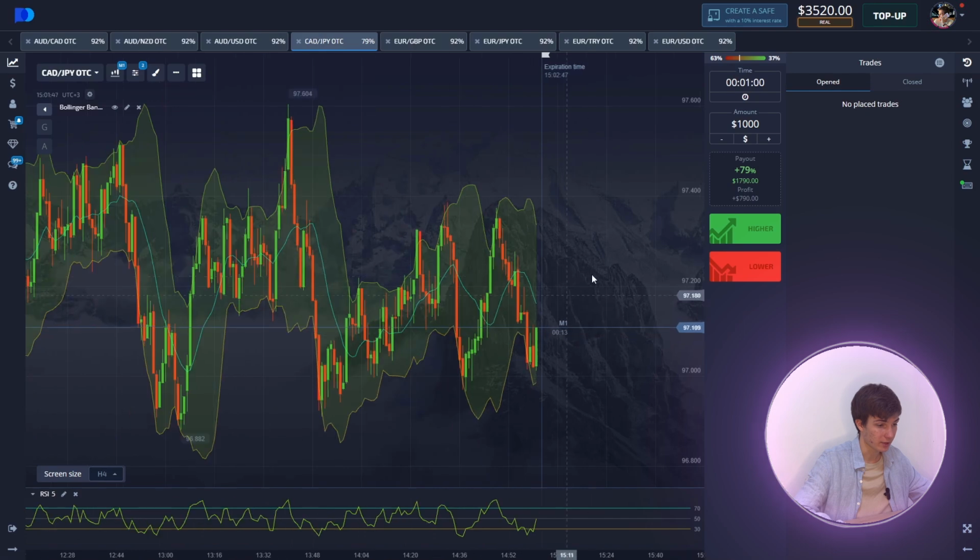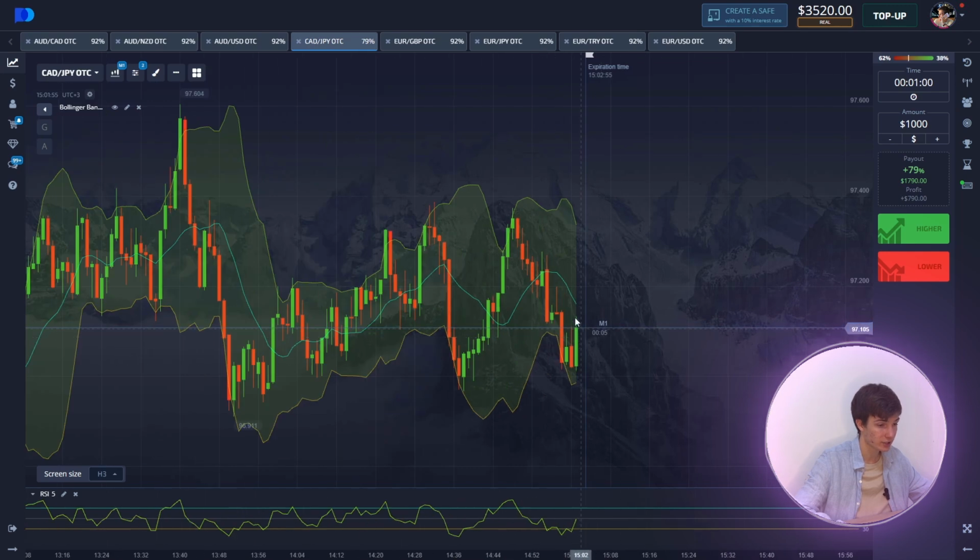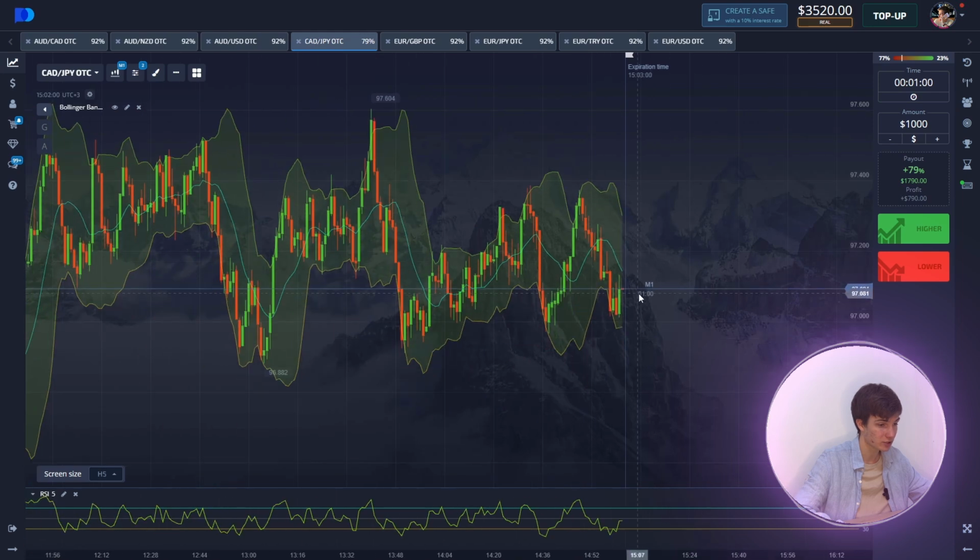It took us like 3 trades to get $2,520 in profits, and as you see, this is not a trick. Look at this nice pump here. Even if we opened a little bit later, we would end up in profits anyway.